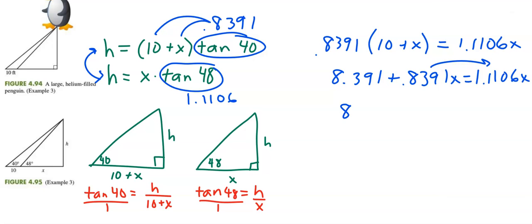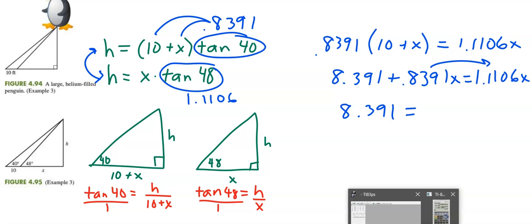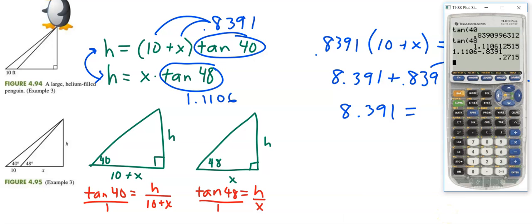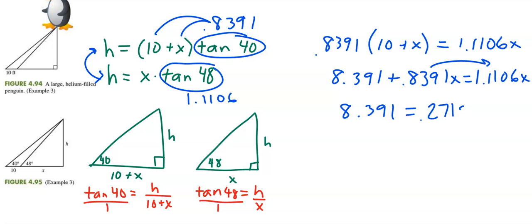So we have 8.391 equals 0.2715x. Obviously we're just going to divide by 0.2715.